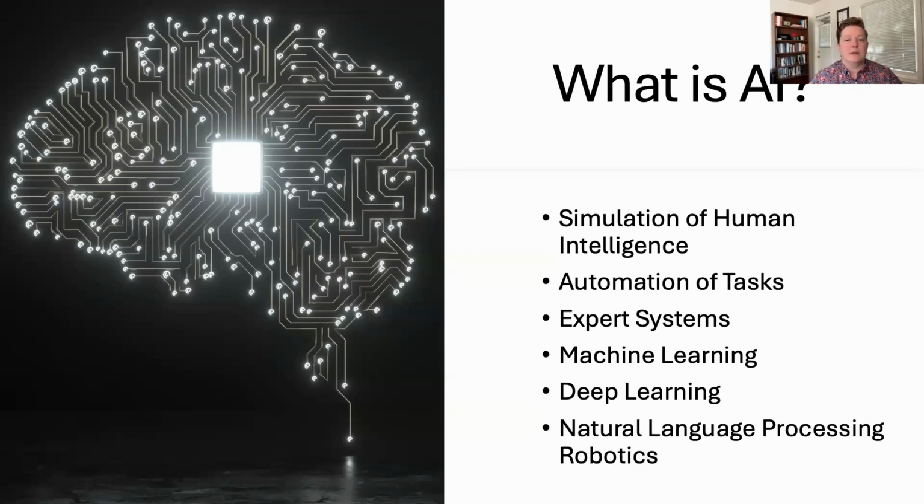And then the last ones, I guess two more. Natural language processing is a branch of AI focused on interaction between computers and human languages. So this is the one we're probably most all familiar with, like ChatGPT. It involves the ability of machines to understand, interpret, and respond to human language in a meaningful way. So, large translation services, chatbots, those kinds of things.